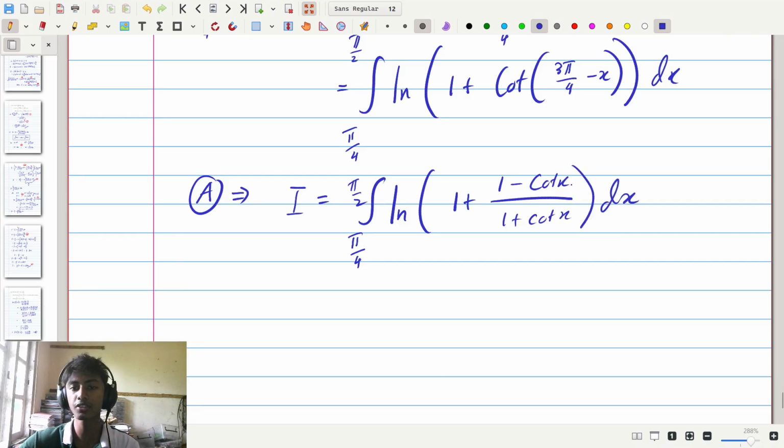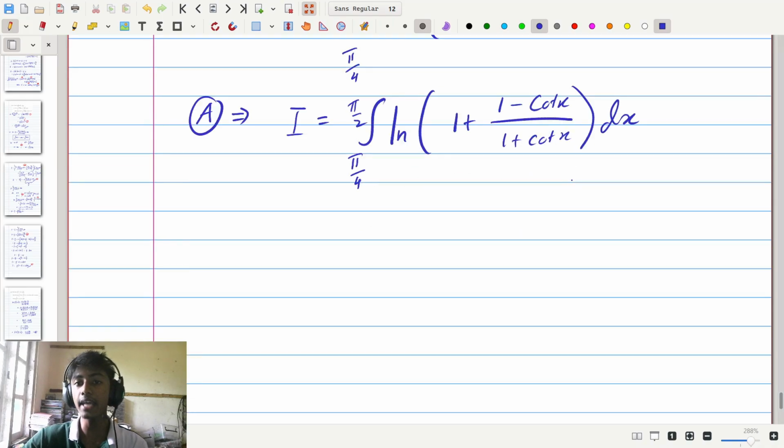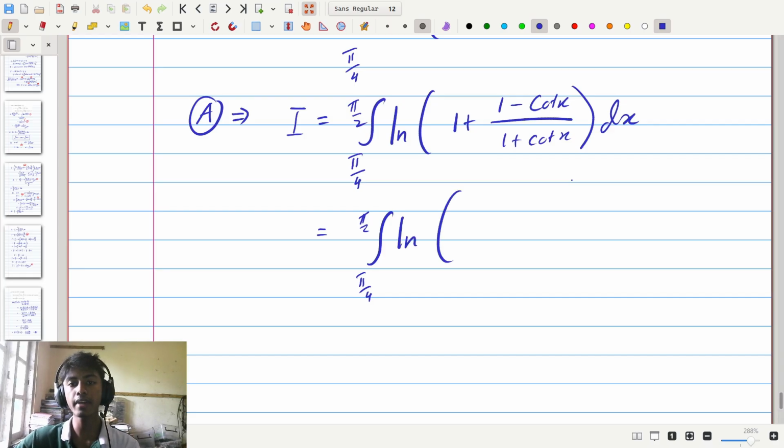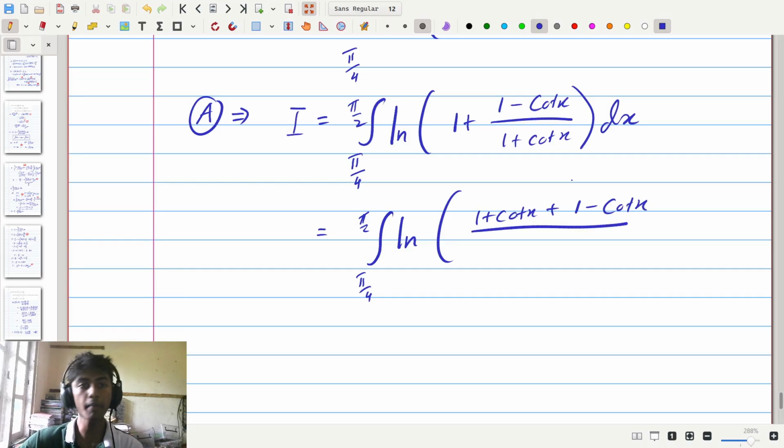And we can see if we take this under a common denominator, we will get the integral from pi by 4 to pi by 2 of the natural logarithm of, and here we have 1 plus cot x plus 1 minus cot x divided by the common denominator of 1 plus cot x.